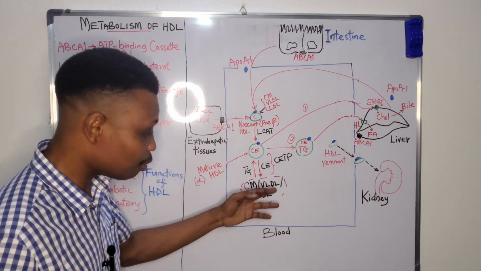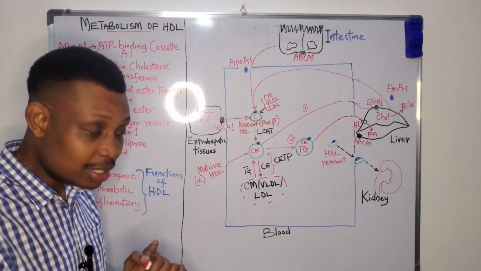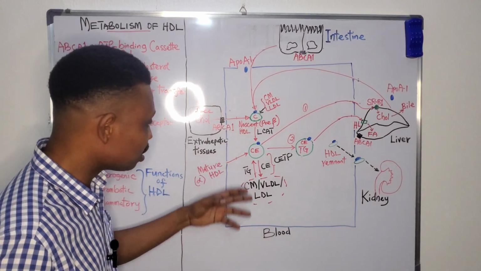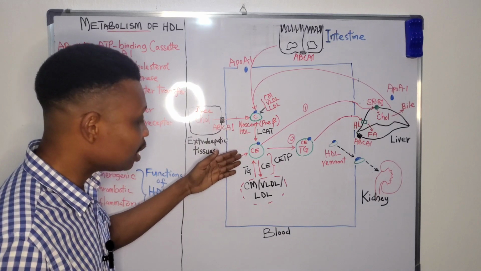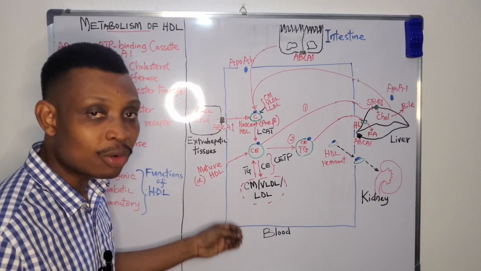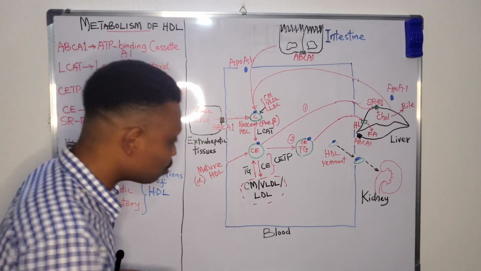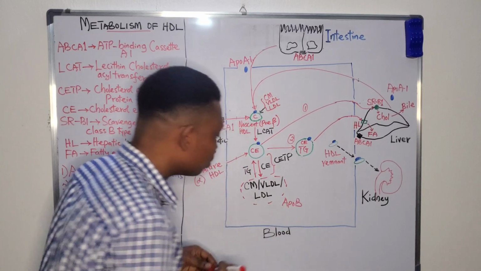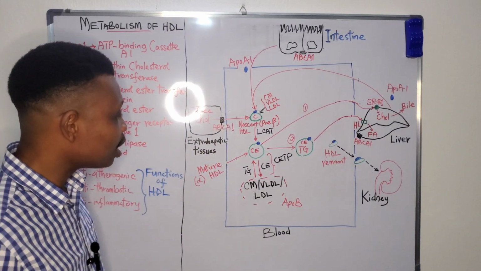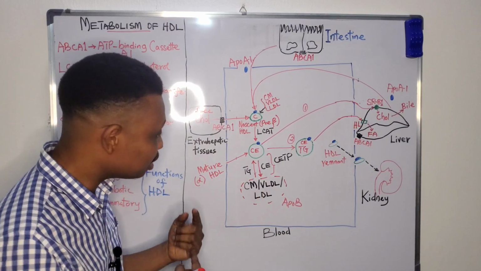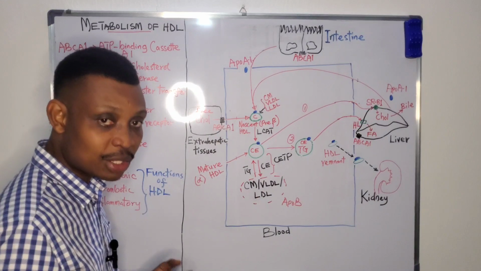So what this mature HDL does is it gives cholesterol esters to these lipoproteins that contain ApoB on their surface, and then this chylomicron in turn gives triglyceride to the HDL particle.